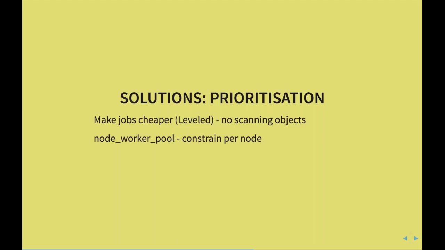And then the other thing we're looking at is introducing one or more node worker pools. So rather than having a separate worker pool for each vnode, have a separate worker pool for each physical node. The initial implementation we've done is a pool of only one worker per node, and all the deferrable background jobs, such as AAE tree rebuilds and other such things, are sent to the node worker pool rather than the vnode worker pool.